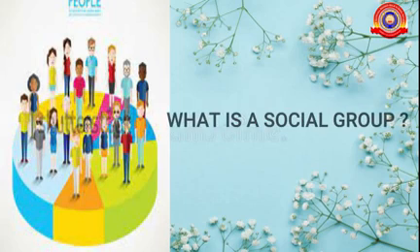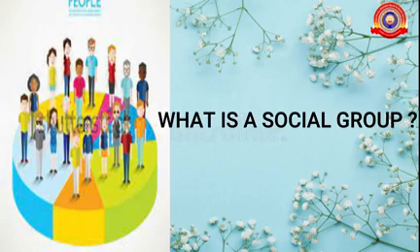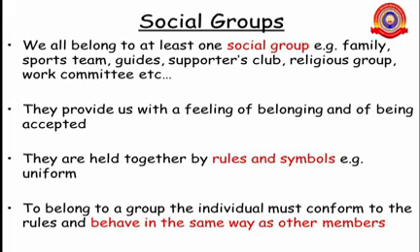Let's see the definition of social groups. What is a social group? We all belong to at least one social group. Examples: family, sports team, guides, supporters club, religious group, work committee, etc. They provide us with a feeling of belonging and of being accepted.